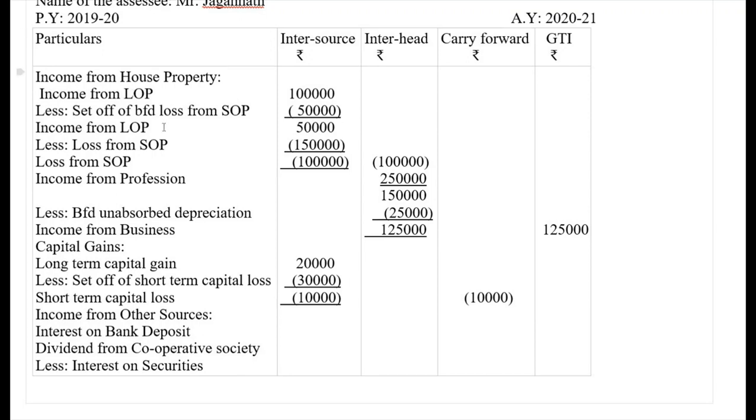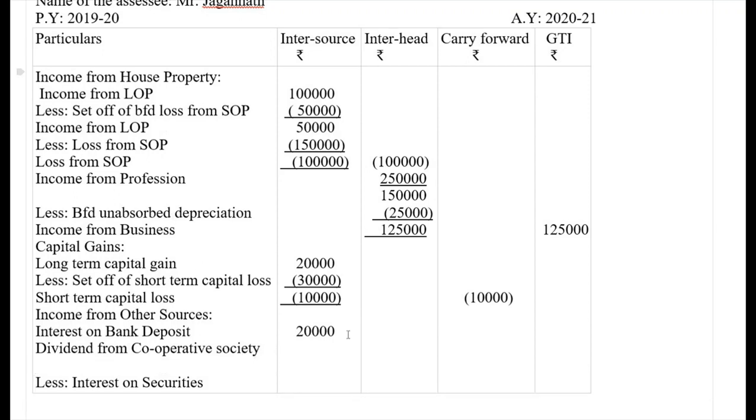Interest on bank deposit is given as rupees 20,000. Dividend from cooperative society is rupees 5,000. The sum comes to rupees 25,000.